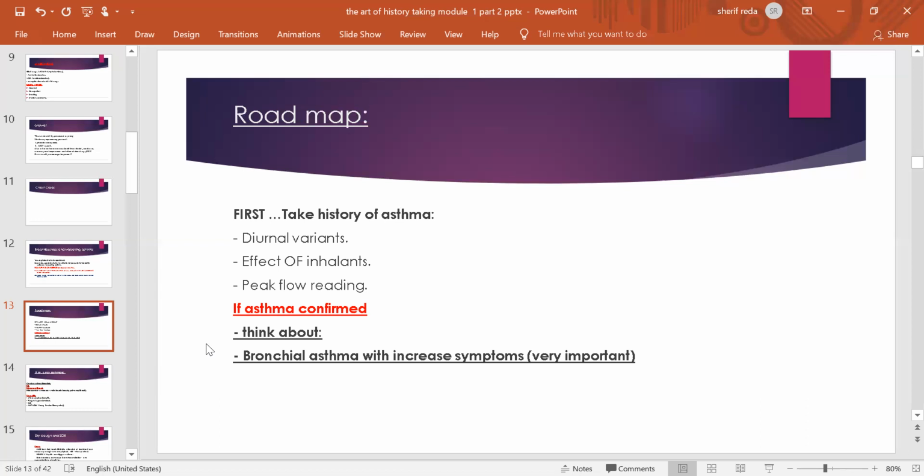Is your peak flow reading worsening or not, and when is it worsening? If he answers yes to the previous 3 questions, or gives you an answer that indicates that his asthma is worsening, now you are definitely talking about a case of worsening bronchial asthma. So what are the causes of worsening bronchial asthma?